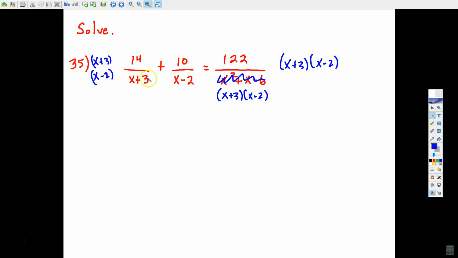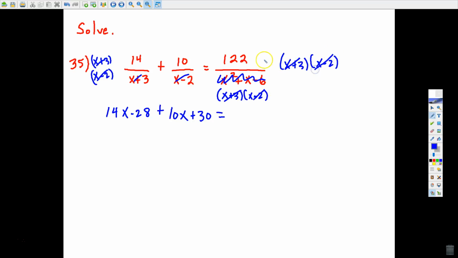Okay, so when I divide, I'm going to divide to clear this out, make it cancel. Now it's gone, and then x minus 2 will multiply by 14. Same thing here. This time the x minus 2 is going to go, leaving x plus 3 times 10, 10x plus 30. And then here, everything goes.